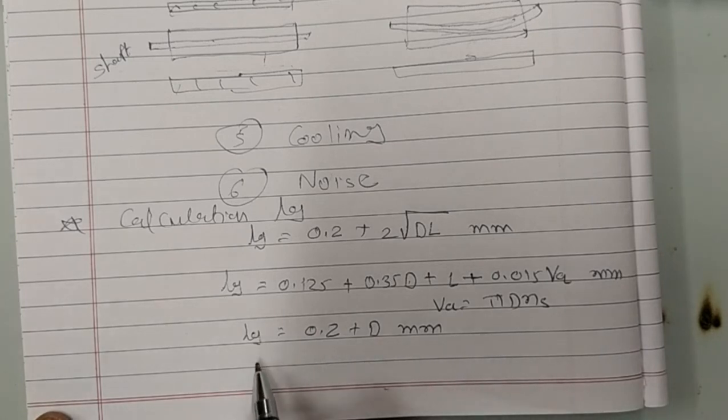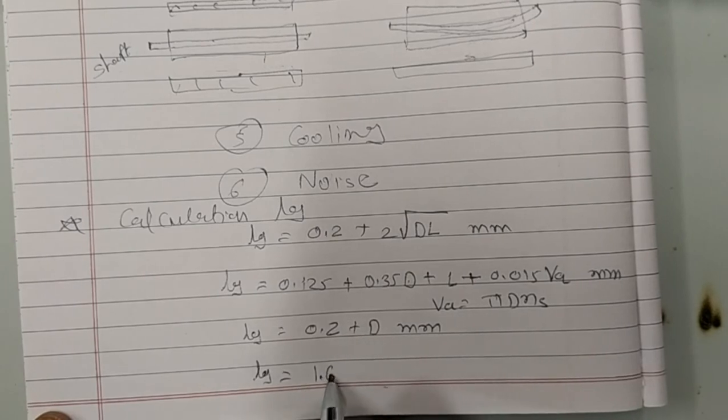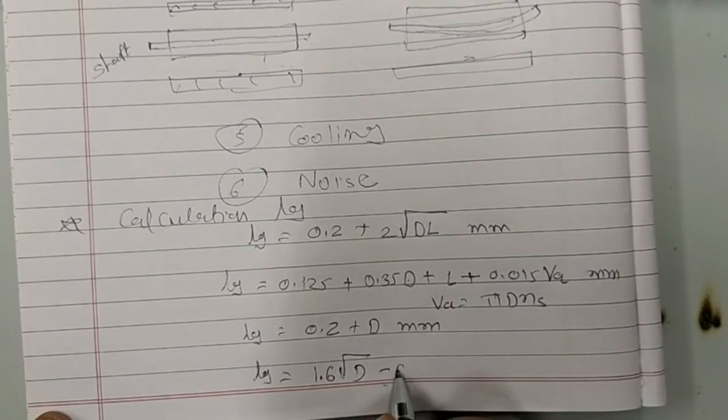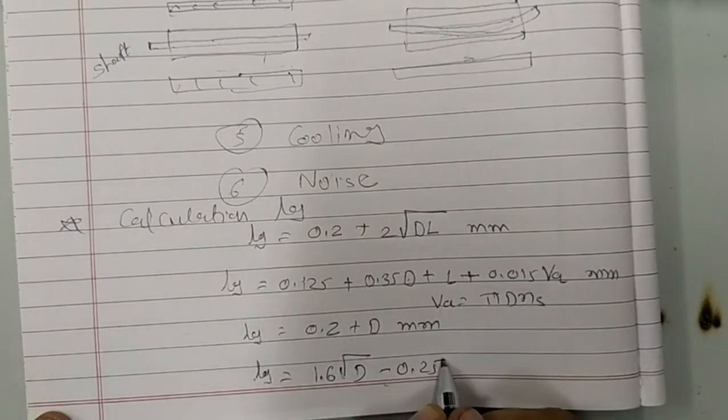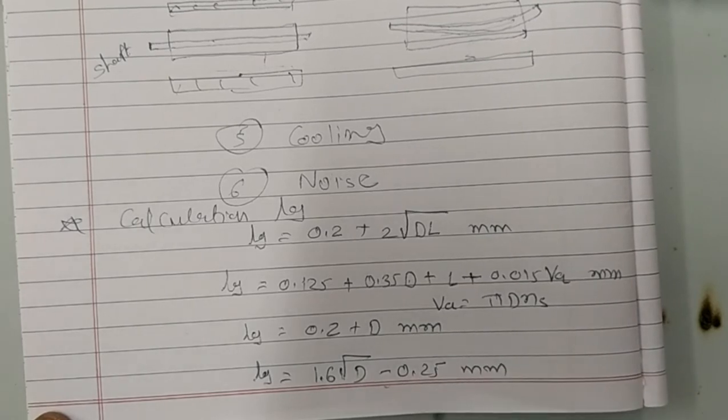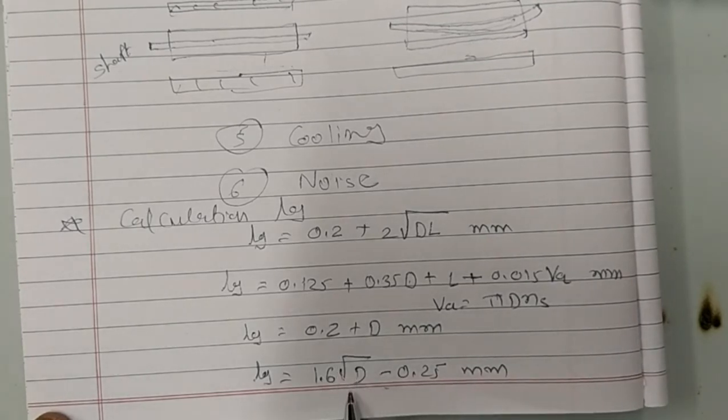And the last equation is Lg is equal to 1.6 under root D, the diameter, minus 0.25. Again a simple equation: 1.6 under root D, D in meters, minus 0.25, and whatever value you get, that many mm is your length of the air gap.